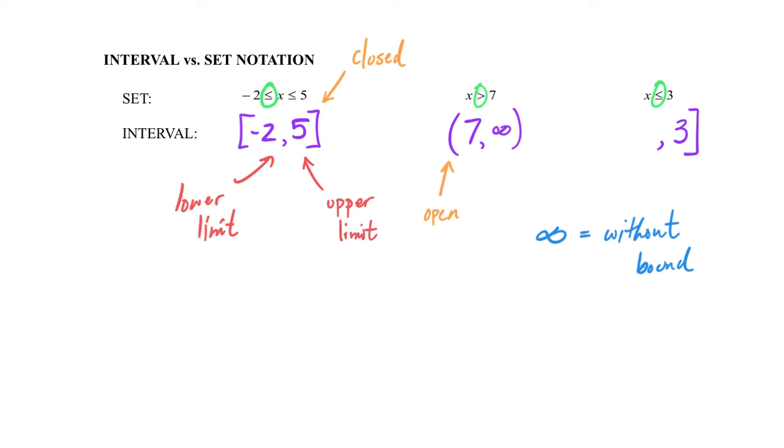If x is always less than 3, then that means I go forever less than 3. Well, the forever part brings us into that infinity again, except if you notice, I'm going in the opposite direction.